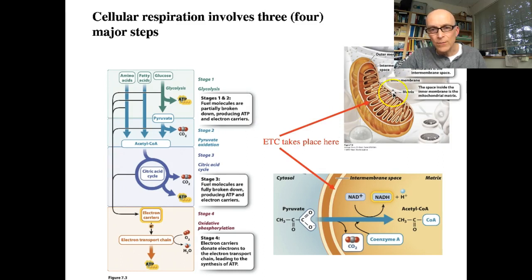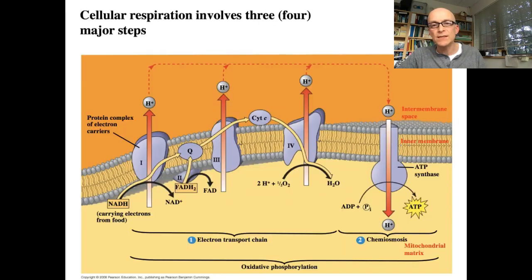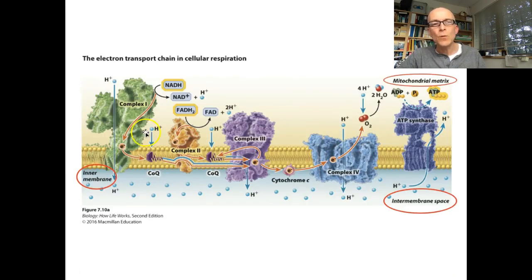Whether you look here, whether you look there, that's upside down or inside out or right side up, whichever way you want to look at it. Just make sure that if you use this figure versus this figure to understand what's going on, that you realize that difference.